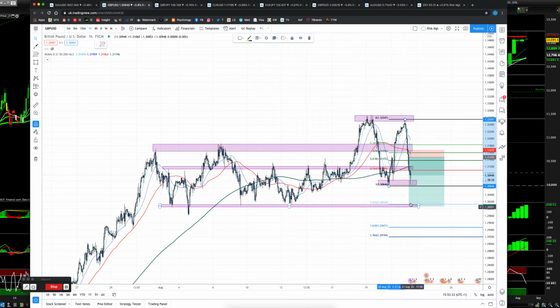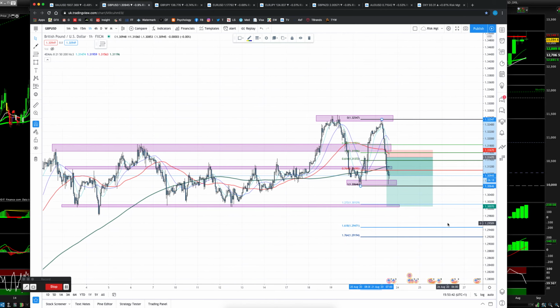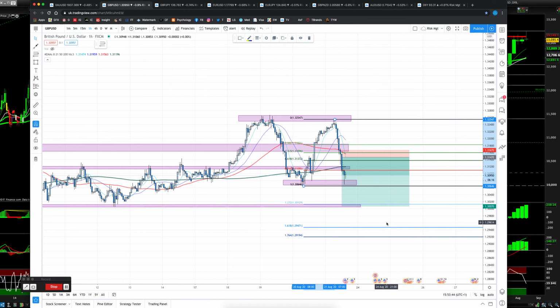So that's one reason to target. Previous structure is another reason. 130 round numbers another reason. That's three reasons. And to justify, if you're not in this position already, to justify taking this trade would be the fourth reason, and that would be a break of the previous low, a break of the 100%. So a break of the 60 area would present you the fourth reason as your entry.